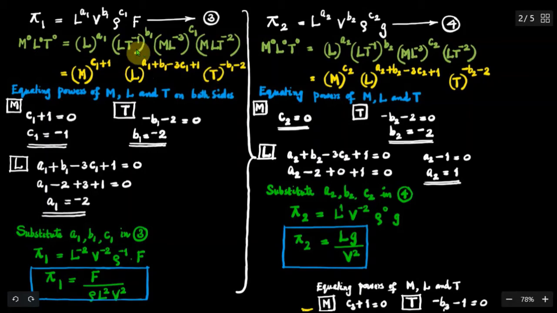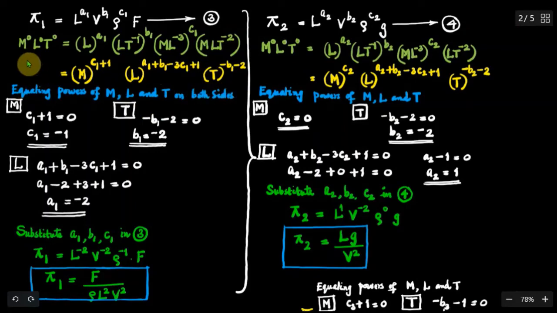Then time T: T raised to minus B1 in the second variable, and the last variable T raised to minus 2. So T raised to minus B1 minus 2. Once you get this, we will equate the powers of M, L and T on both sides.